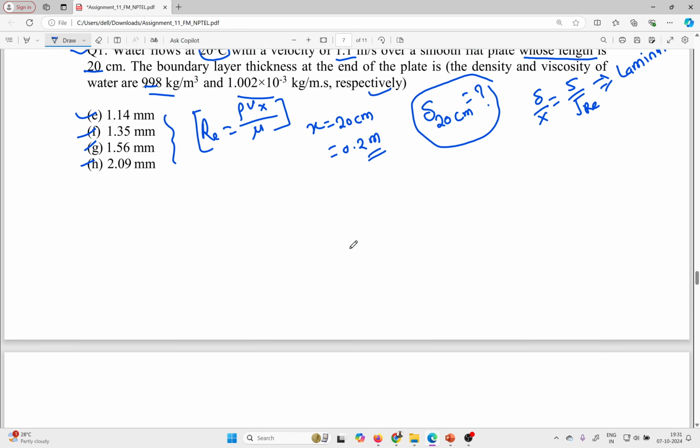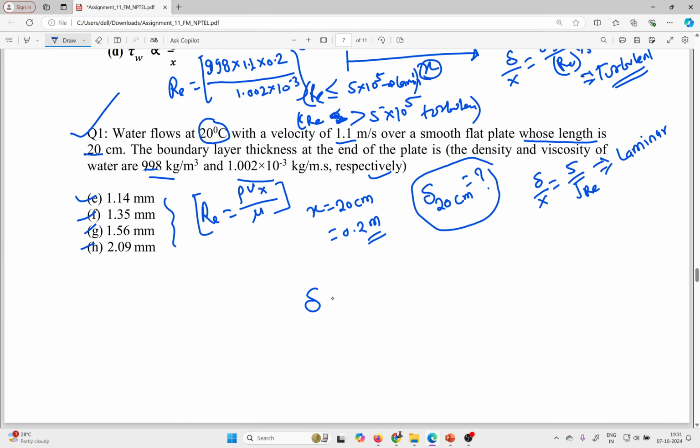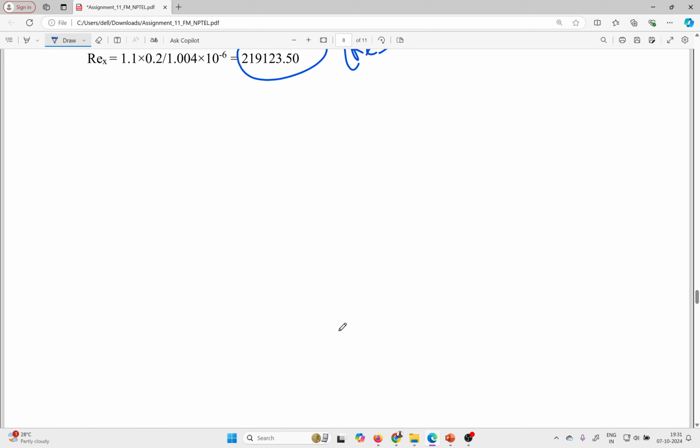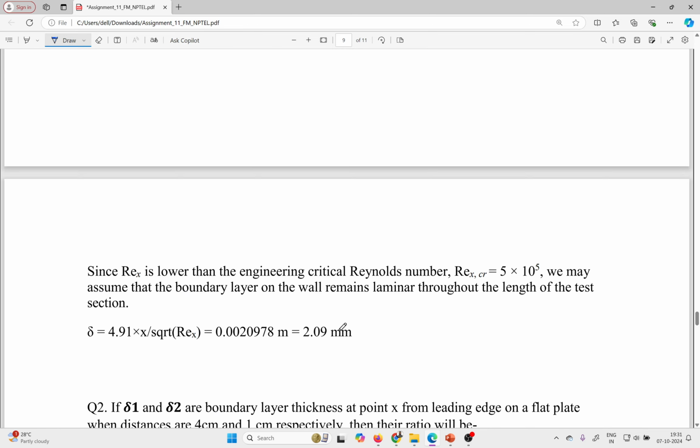The boundary layer thickness delta is equal to x, that is 0.2, into 5 divided by root of 2.19 into 10 to the power 5, the power 1 by 2, or you can say root. Let me just show you. Yes, finally it comes to 0.29 mm.